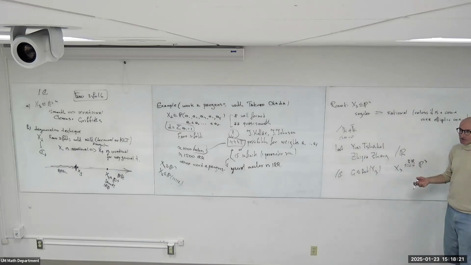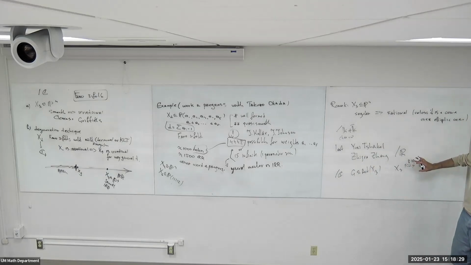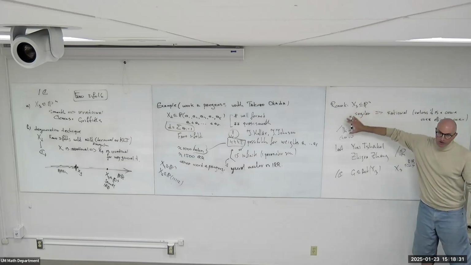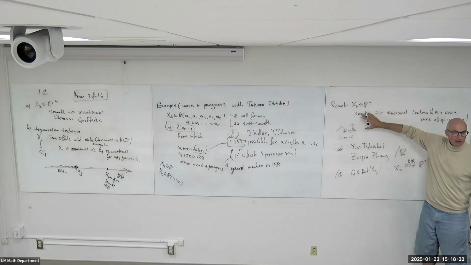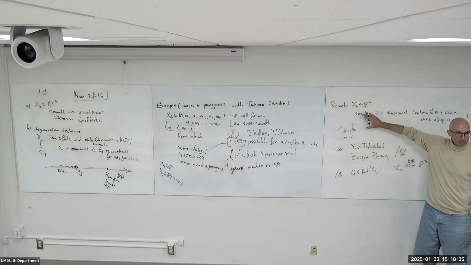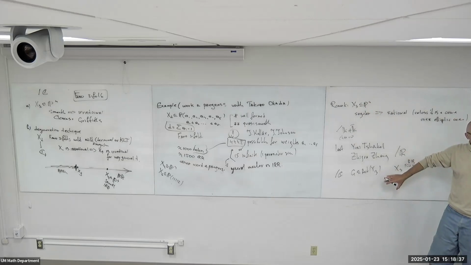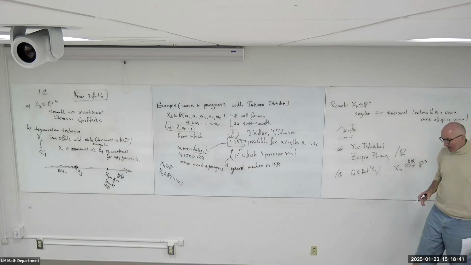But then you ask the question, do you have an equivariant birational map like this? And the answer is maybe yes, maybe no. So this problem is, in some sense, similar to this problem, but here there is a Galois group action, and here there is a geometric group action. But this problem is much more accessible. Why?